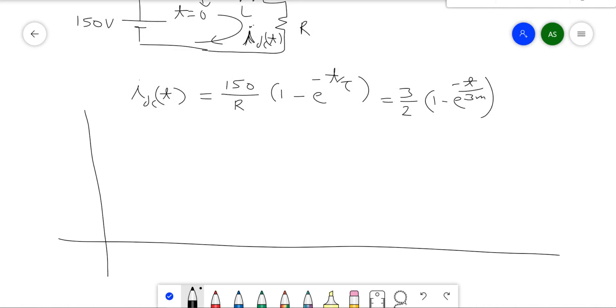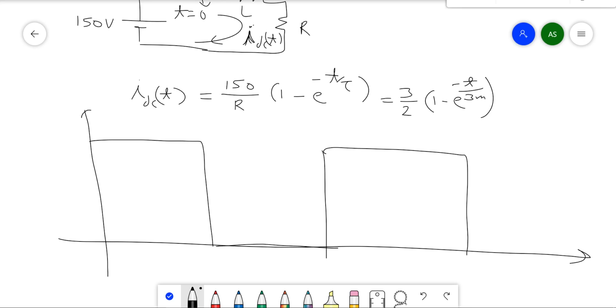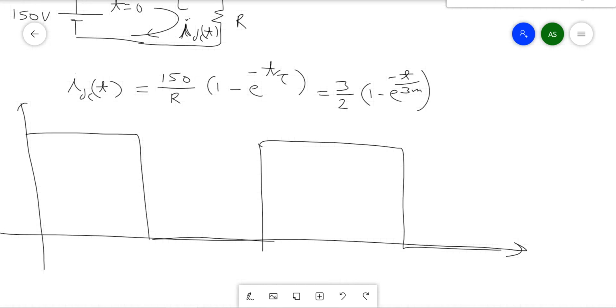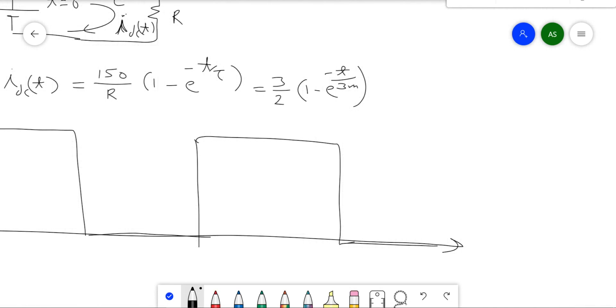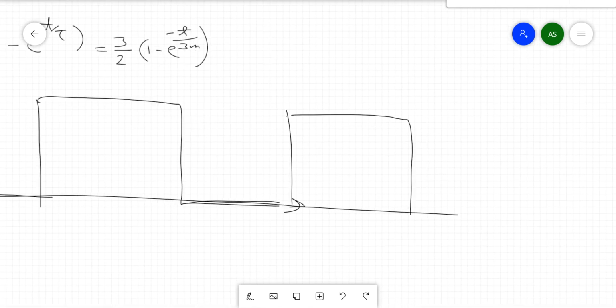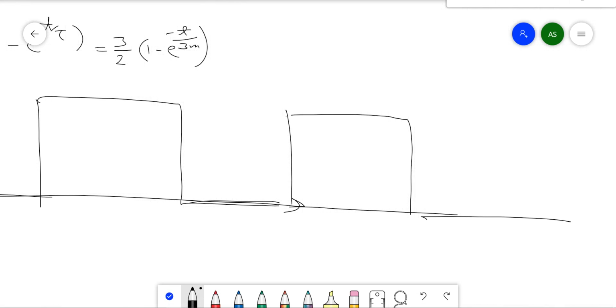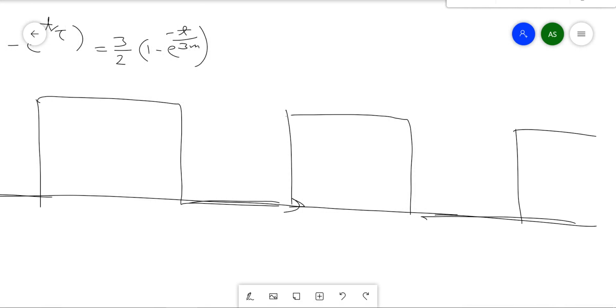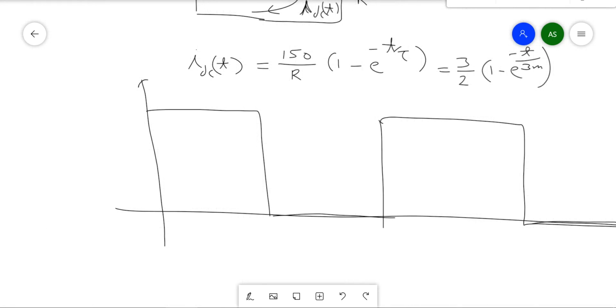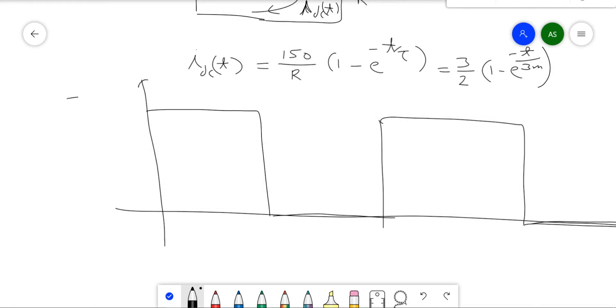So let's draw the complete waveform here like this. Okay, this is thin red.